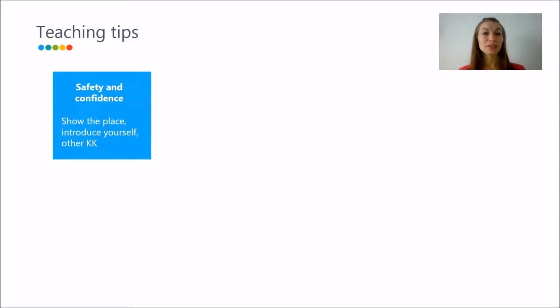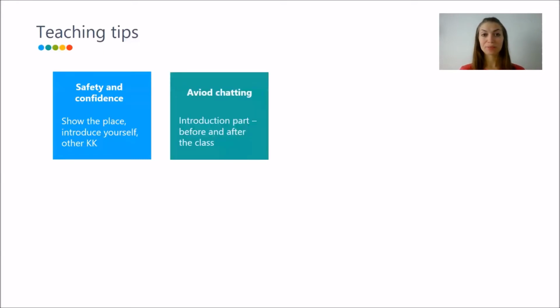Of course, it depends on the kid. Some of them can play on the spot from the moment they see you, but some of them can feel very, very shy. So that's why before starting your lesson, show the newcomer the place where you teach and introduce yourself and the other kids.